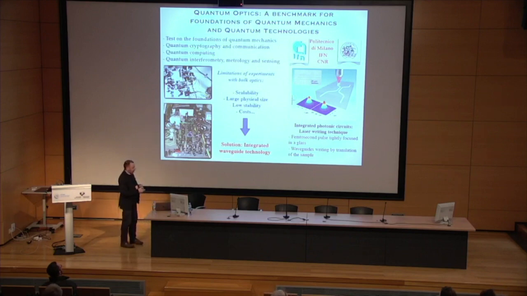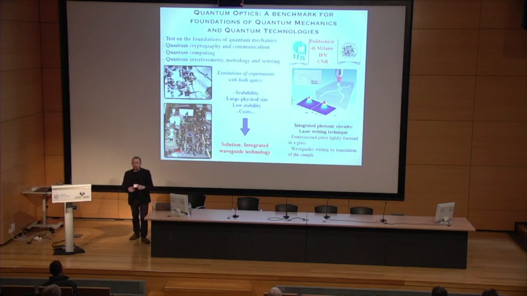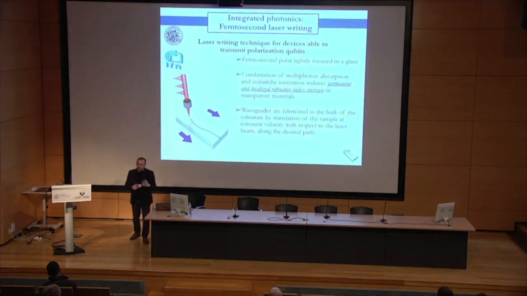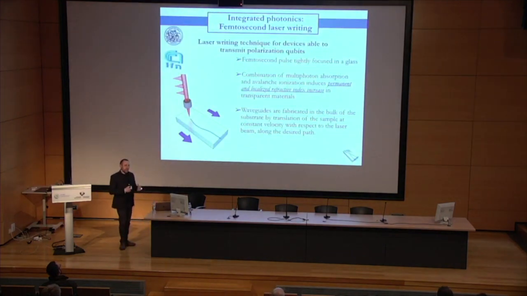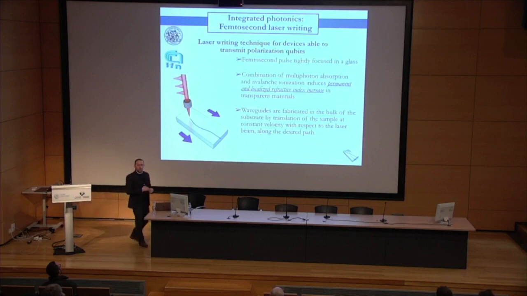So in particular, our approach is a strong collaboration between Sapienza University in Rome and Politecnico di Milano, where we adopt laser writing technique to fabricate waveguides which are inscribed inside the substrate of glass. So the basic principle is that you would like to generate, manipulate, and detect light inside a single component.